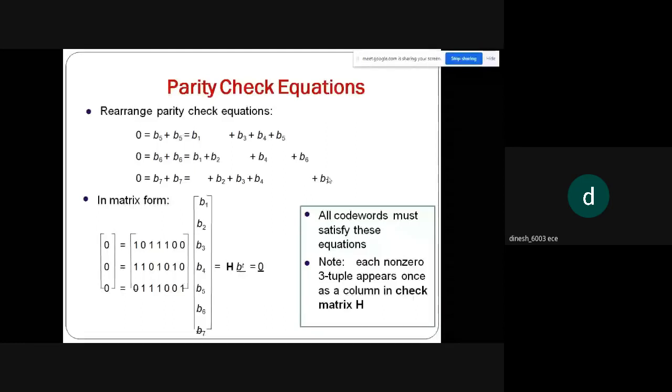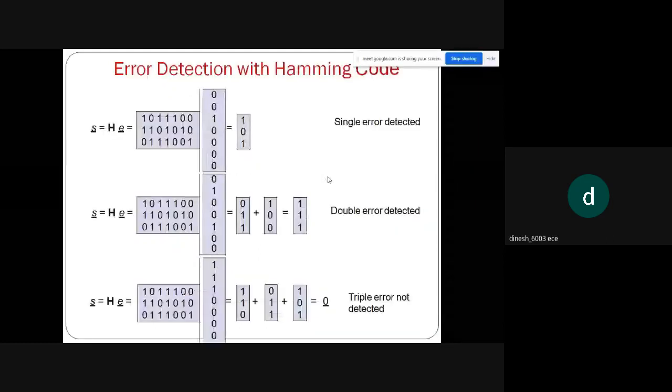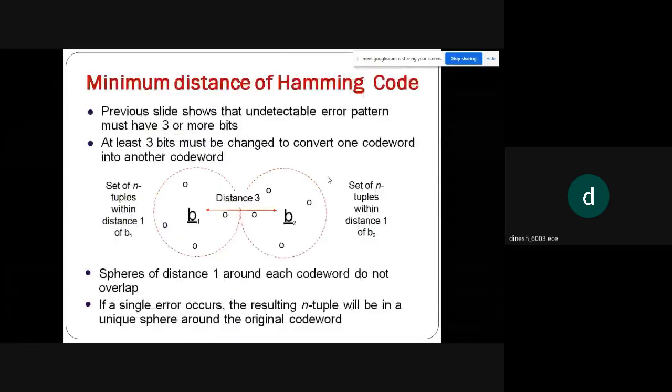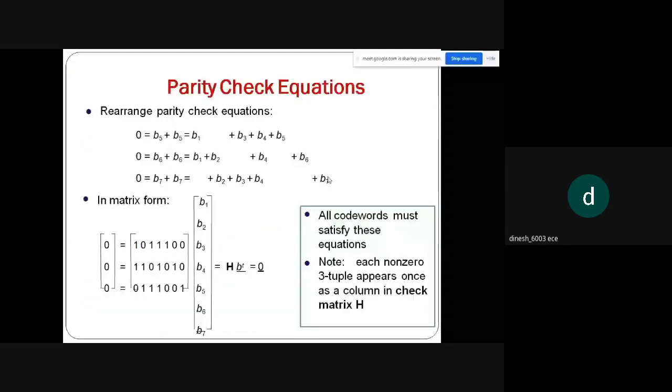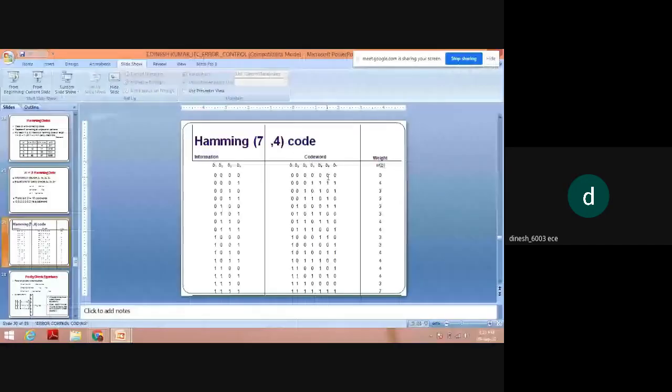So I think we'll see this error detection with the Hamming codes. I think time might not be sufficient for explaining this. So with this, I complete Hamming distance. You can see only 5 minutes.